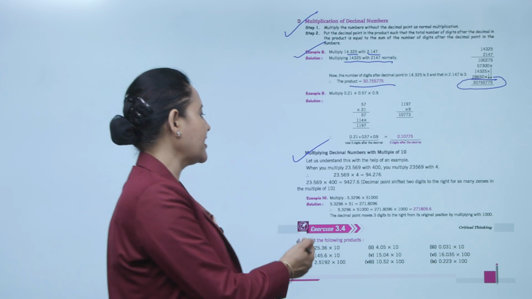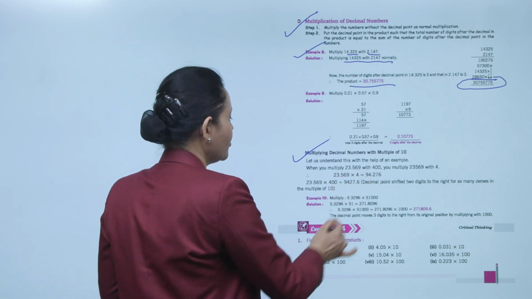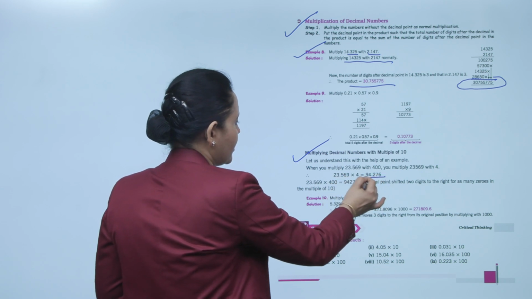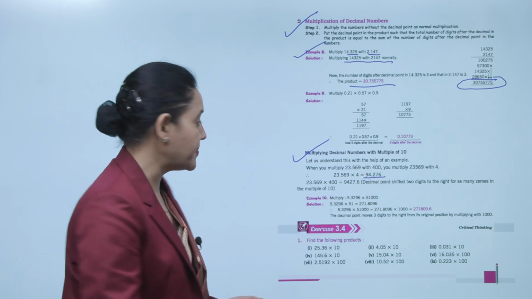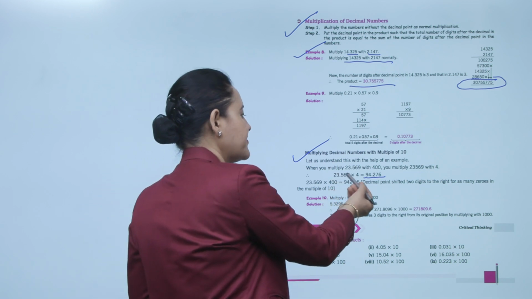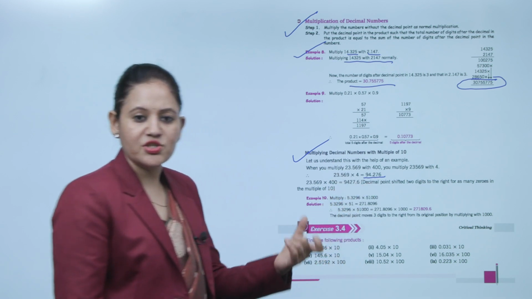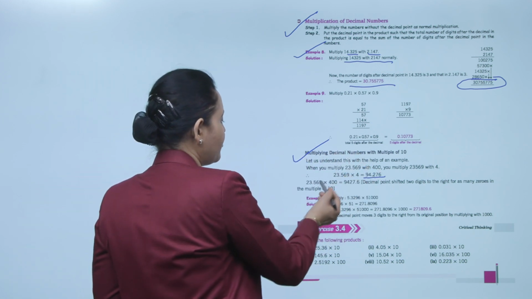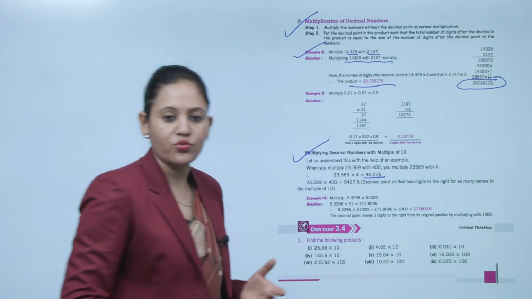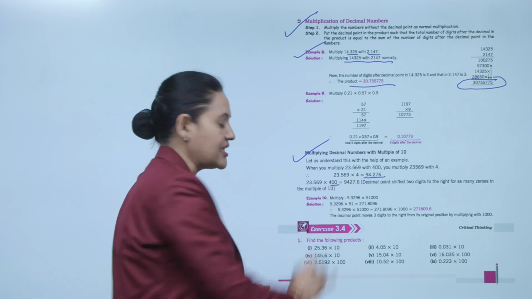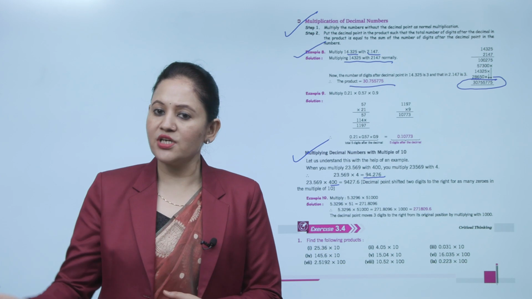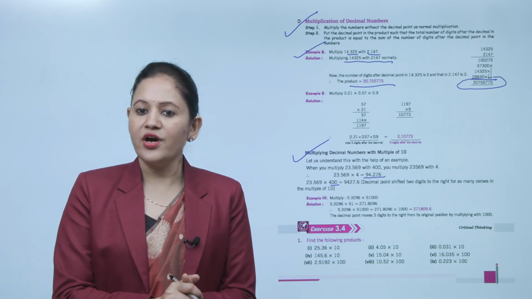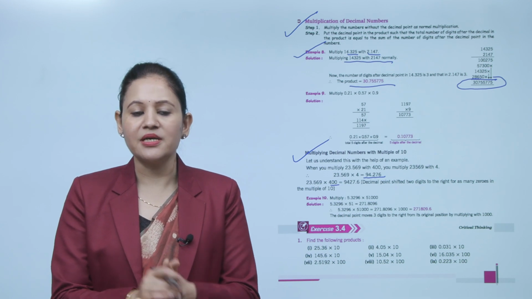So we multiply by 4, and the product is 94,276. But here what did we do? 23.569 multiplied by 4 equals 94.276. Now we have to multiply with 400. There are 2 zeros, so the decimal point will shift 2 places to the right. Clear? The decimal point shifts to the right by as many digits as there are zeros in the multiple of 10.